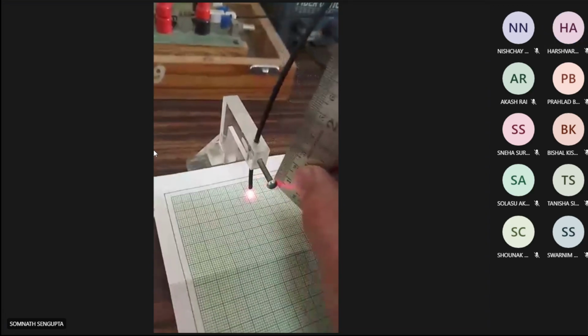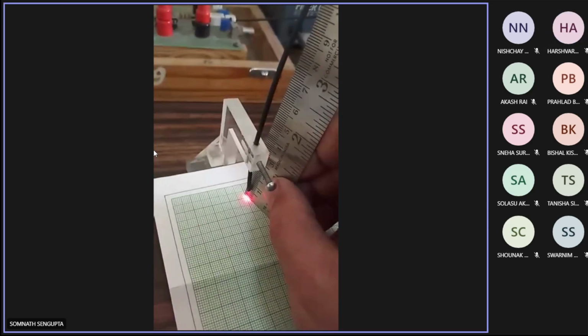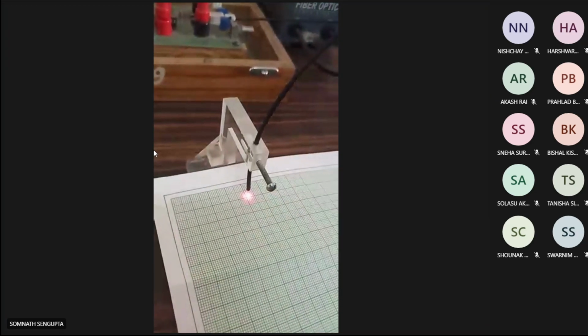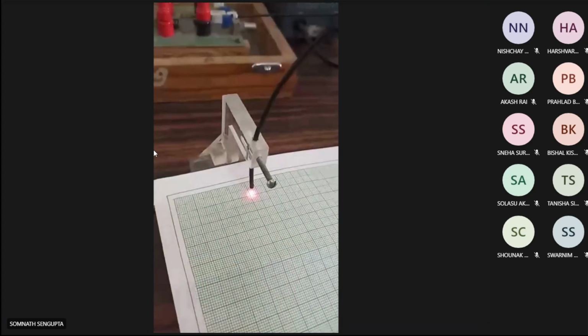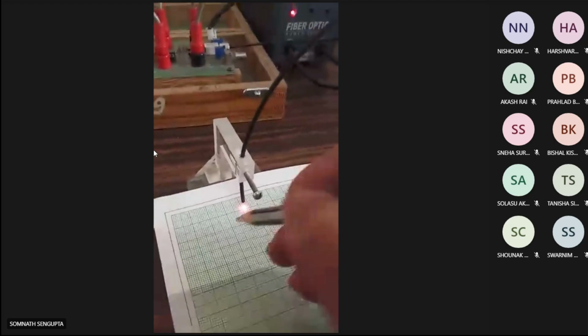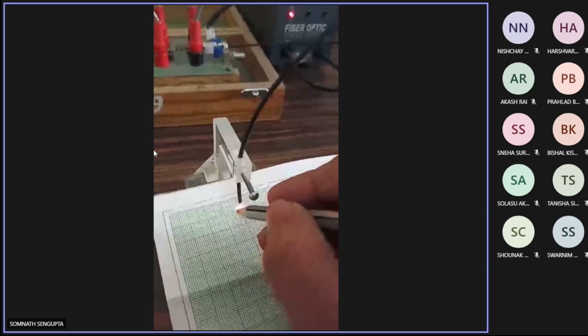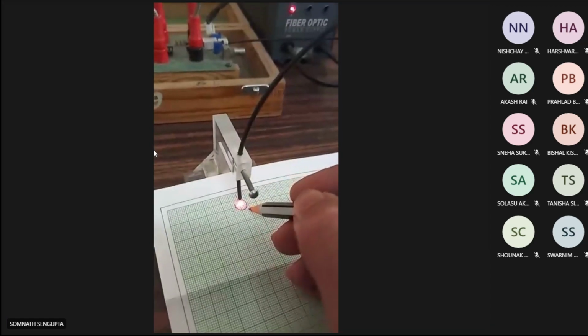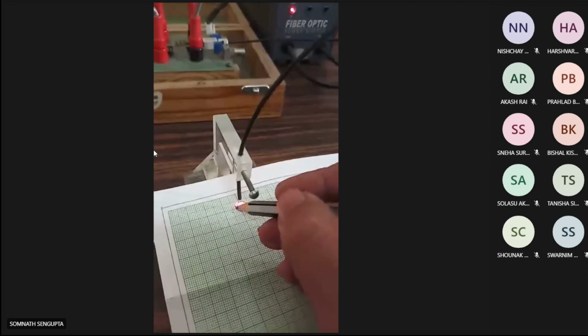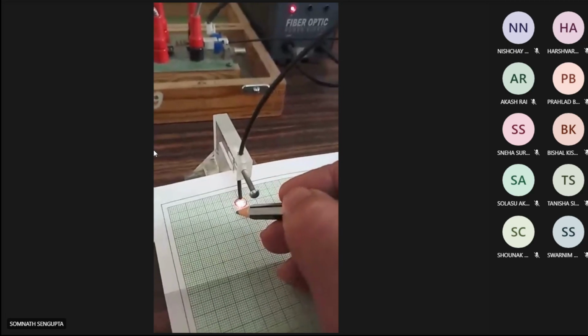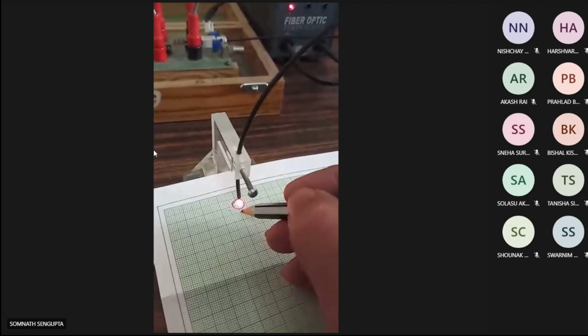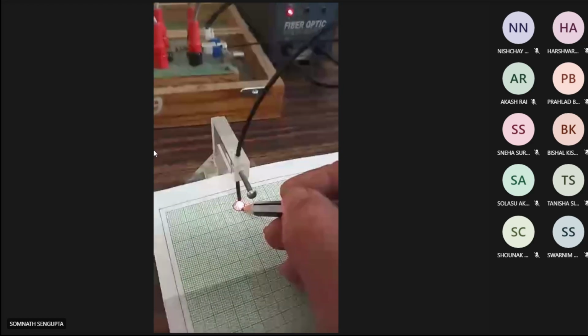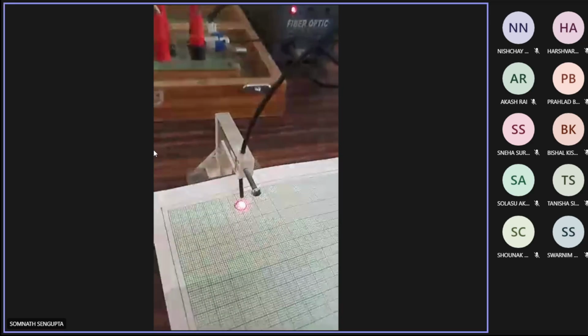Okay. Now after keeping this distance fixed, you have to mark this circle. So that is one circle.